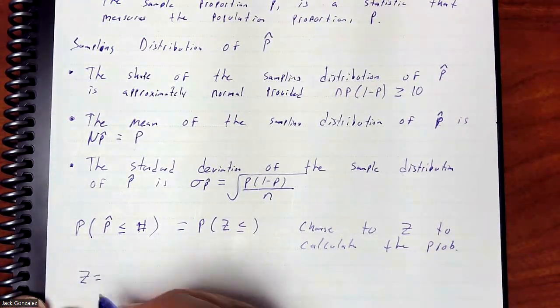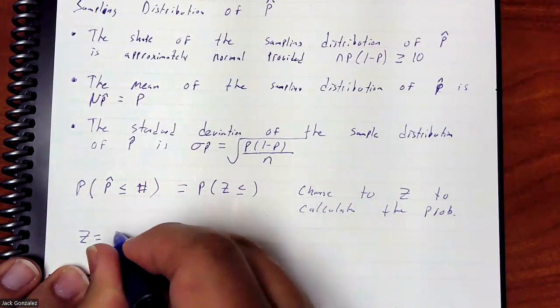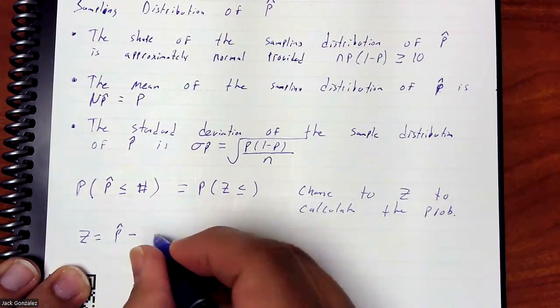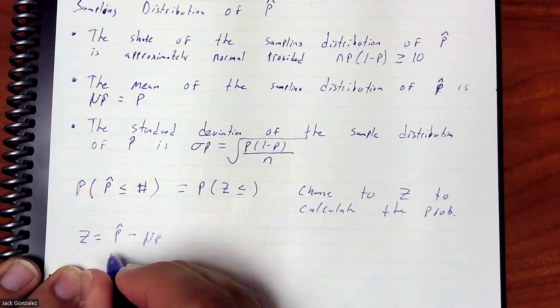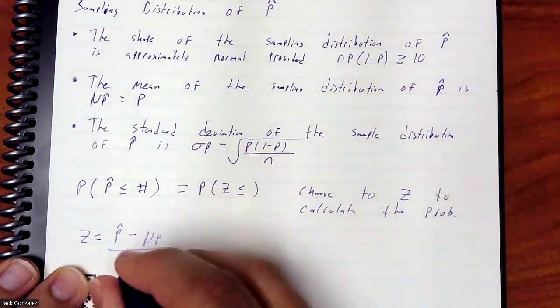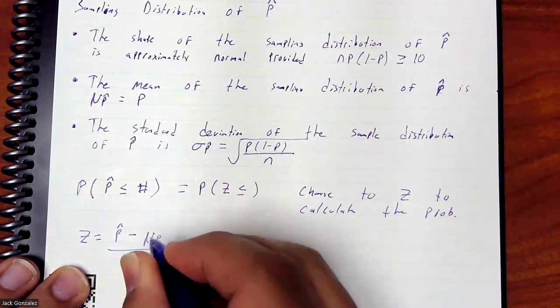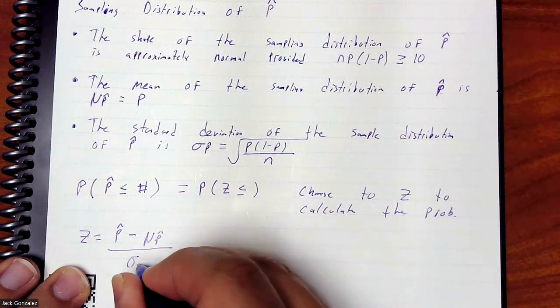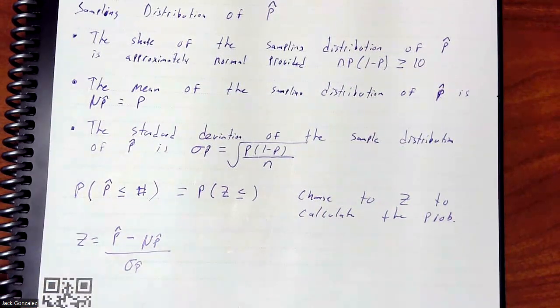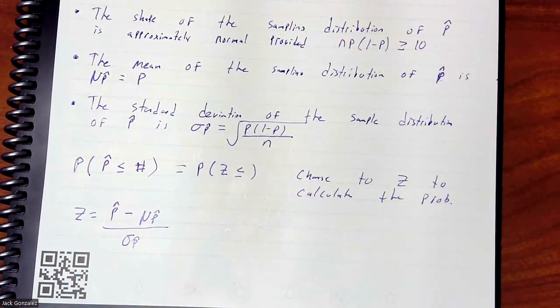In this case, Z is equal to P hat minus mu P hat over sigma P hat. So very similar to what we did last time with the binomial distribution, I think. Now we're doing the sampling distribution.